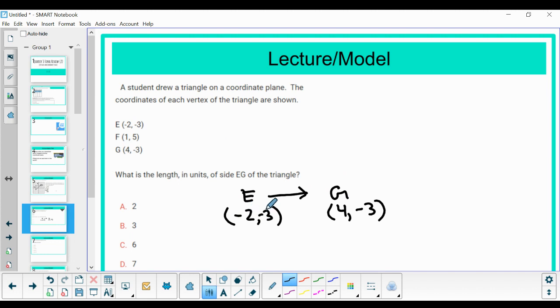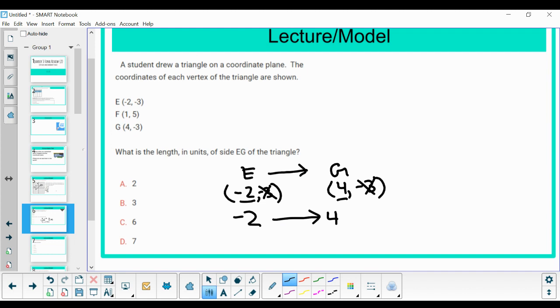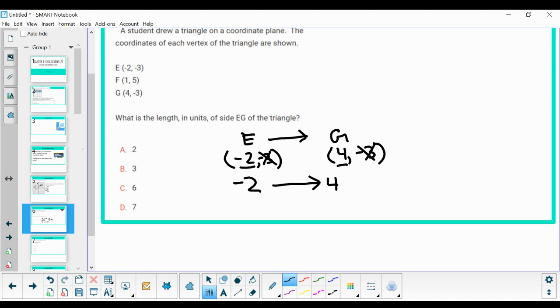All right, to find distance, we are going to look at the x coordinate, because if you notice, the y coordinates are both at negative 3. So we're going to ignore those. The matching coordinate we ignore. Now we're going to start at negative 2 and go up to 4. How many hops would it be from negative 2 to 4?